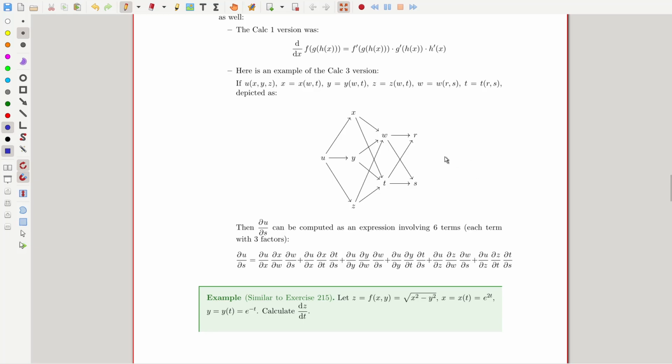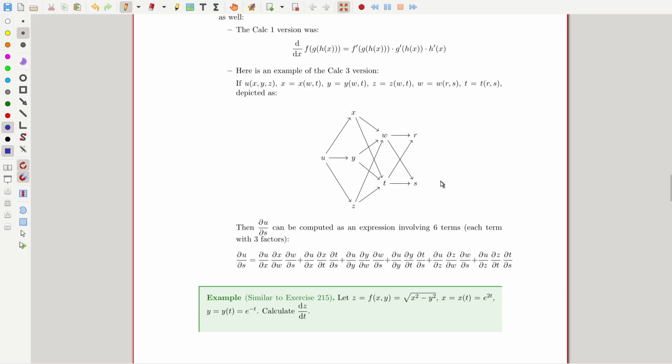And so if you wanted, say, the derivative of u with respect to s, there's a lot of different paths you could take. It ends up being 3 times 2 paths, because we have all the relations between all the different layers. We have 3 choices for the first layer, then 2 choices for the next layer, and then we're forced to take s because we're taking the derivative with respect to s.